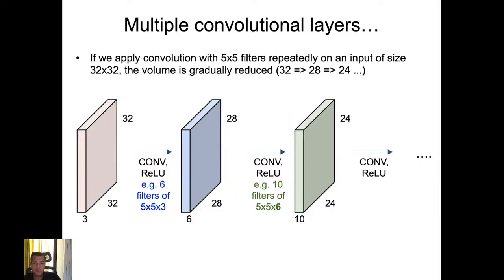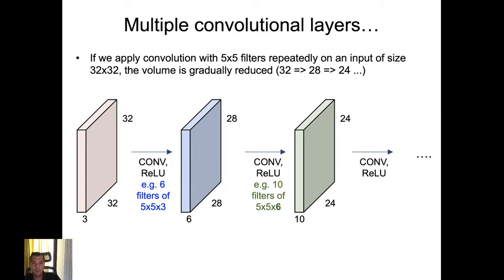About the padding, another motivation for using padding is that when we apply the convolution, for example, with 5 by 5 filters repeatedly on an input image of size, let's say, 32 by 32, then the volume will gradually reduce from 32 to 28 to 24 and so on.